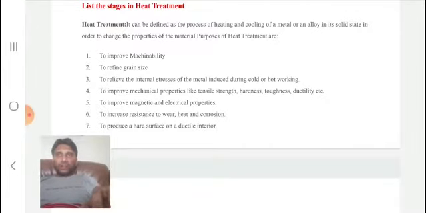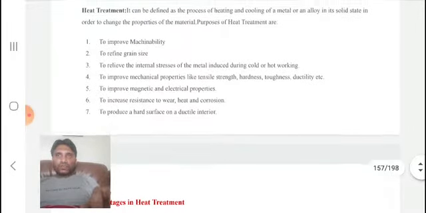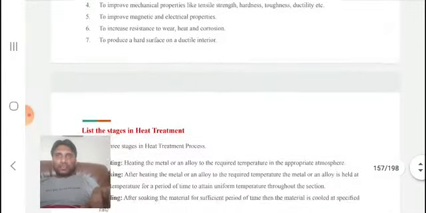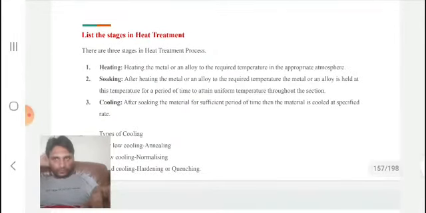And to produce a hard surface on a ductile interior or to increase resistance to wear, heat and corrosion. So that is the main purpose of heat treatment.